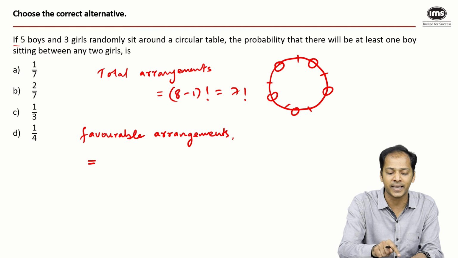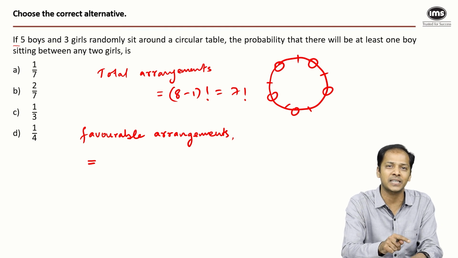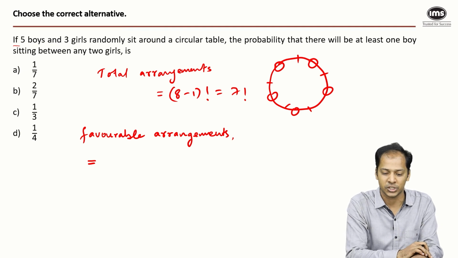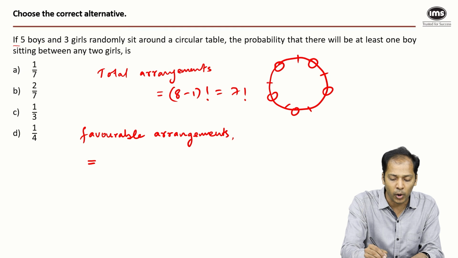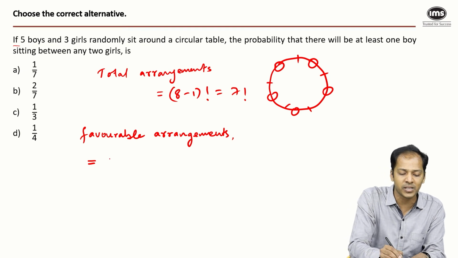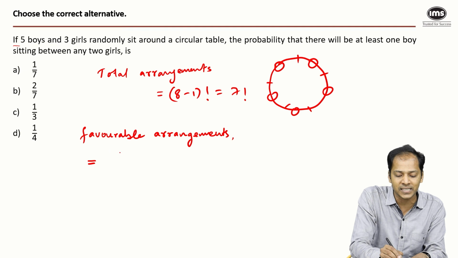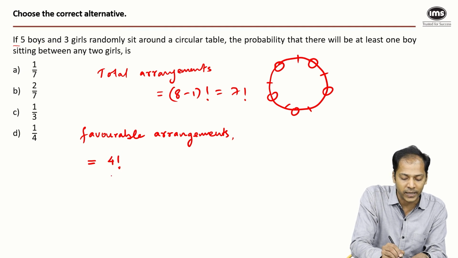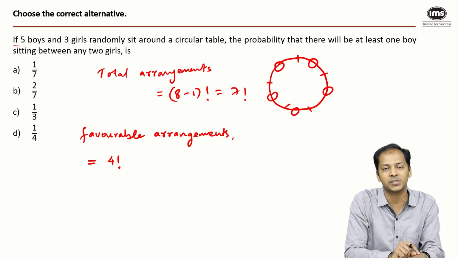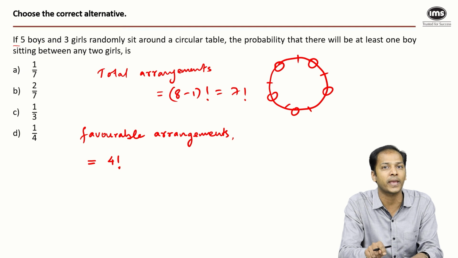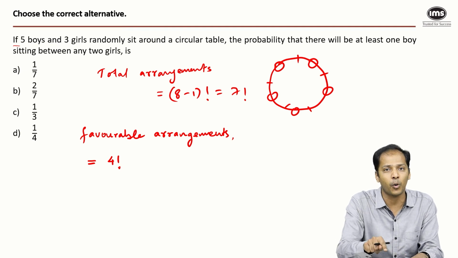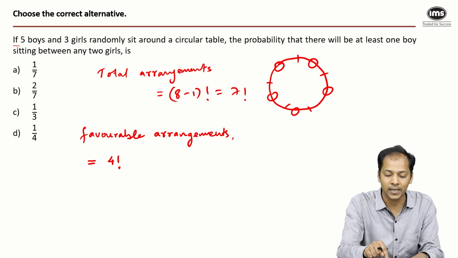In these 5 chairs, girls can pick and arrange themselves in any of the 3 chairs. So the 5 boys can arrange themselves in how many ways? It's a circular arrangement, so 5 boys can arrange themselves in 4 factorial ways, because they are going and sitting first. But once the boys have taken place, the 5 chairs for girls are unique.